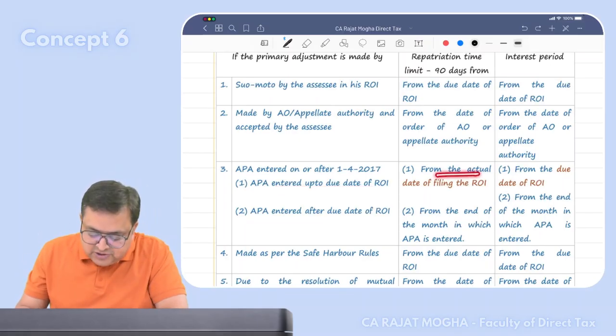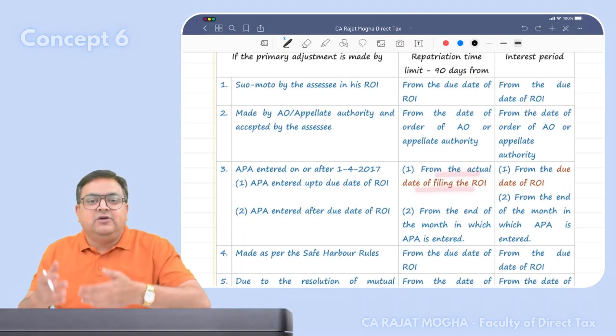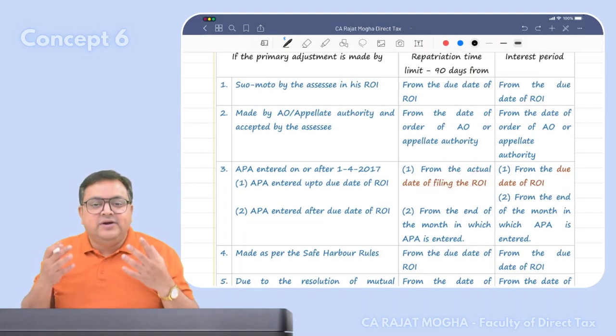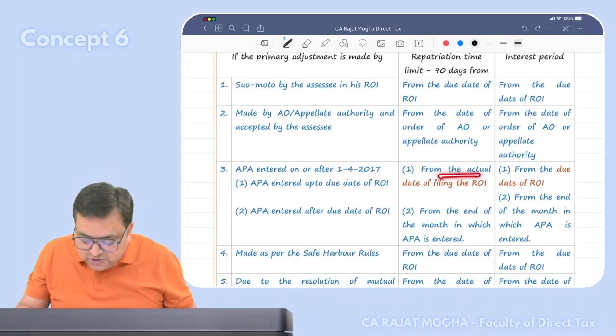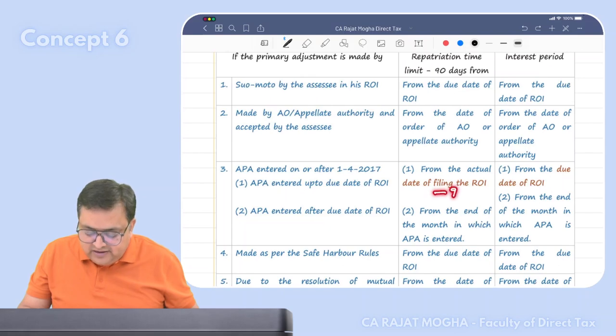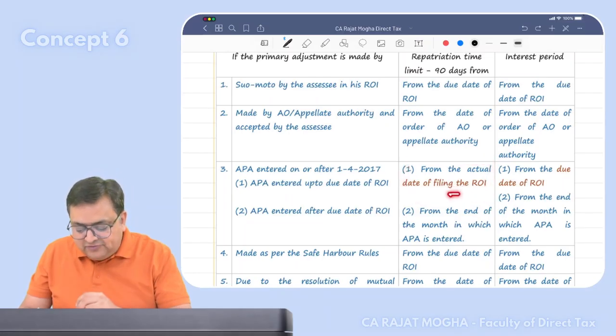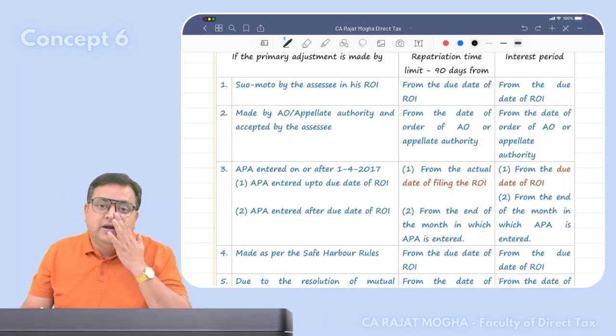So from the actual date of filing the ROI, because you already know your ALP due to the APA, you have to calculate those 90 days. If it is brought within those 90 days, we are okay with it. Correct? But if it is not brought, then we will calculate the interest.